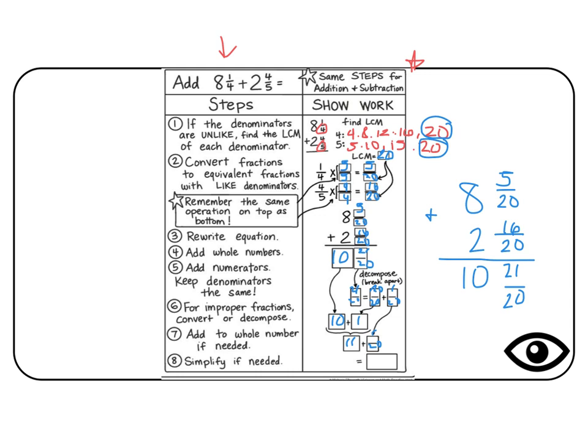So our final answer is going to be 11 and 1 twentieth. So when we have mixed numbers, we may end up with sums that are more than 1, and we're going to need to change our fractions from improper fractions down to mixed numbers. Let's try some together.